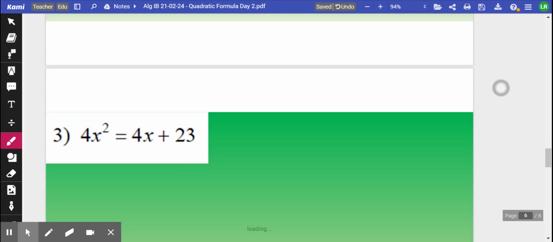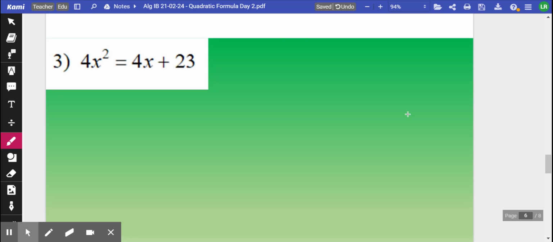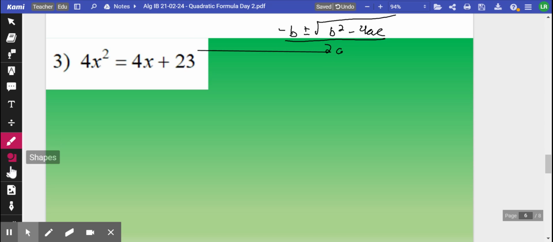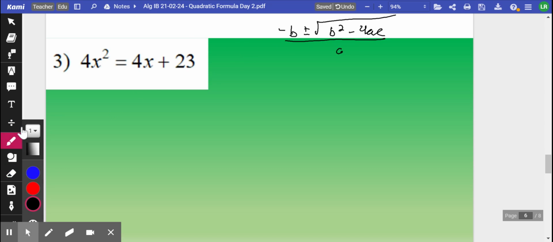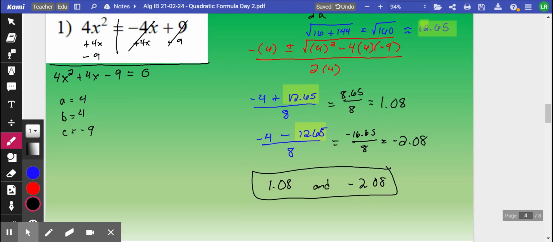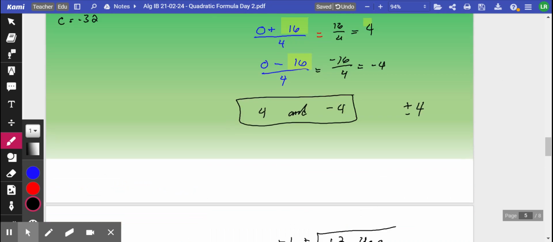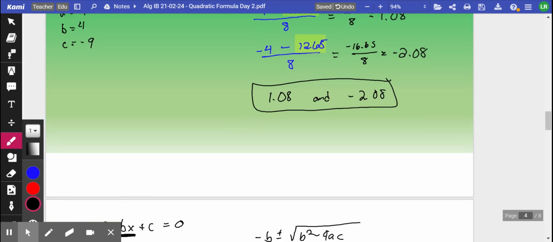All right, number 3, let's pause the video and complete this problem. All right, got to make this equal to 0 to start. For a second there, I was like, that looks eerily similar to the first one, but it's not quite the same.